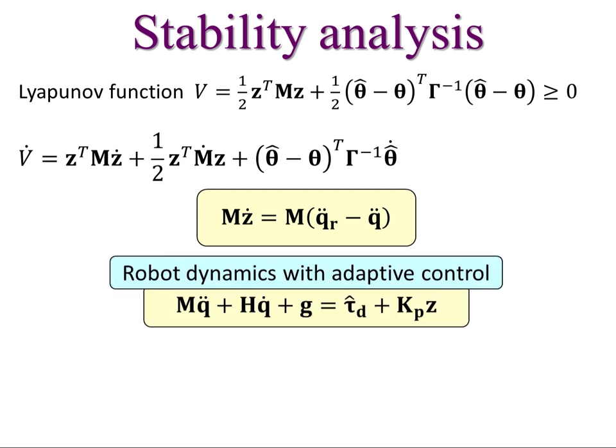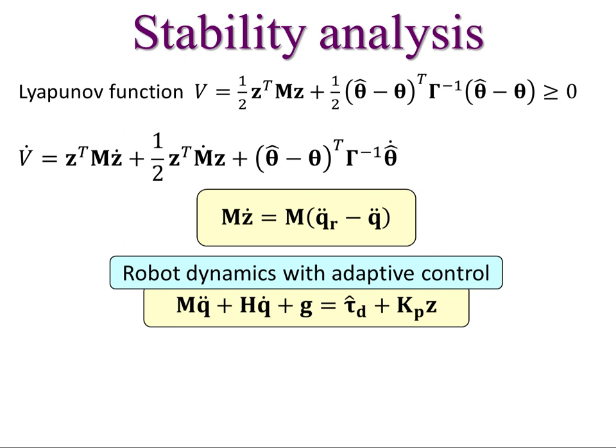The robot dynamics with adaptive control is obtained by substituting the control law of adaptive control for the right side of the motion equation of the robot, which gives this equation.